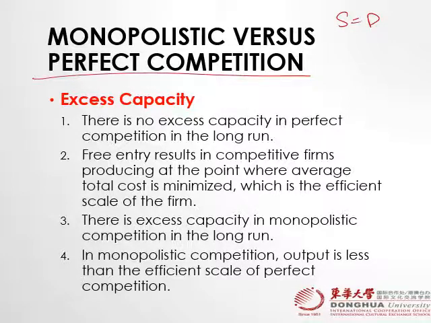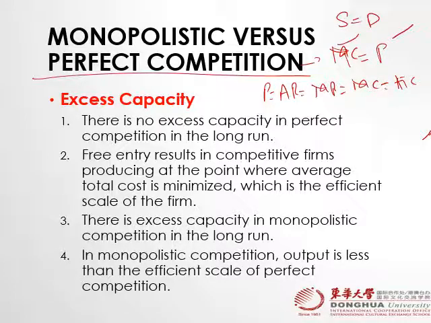So they are producing where the supply curve, which is MC, is equal to price. Look at the condition for perfect competition: P is equal to AR is equal to MR is equal to MC is equal to ATC. So can you find MC is equal to P? Yes, here MC is equal to P. You can derive that, right?